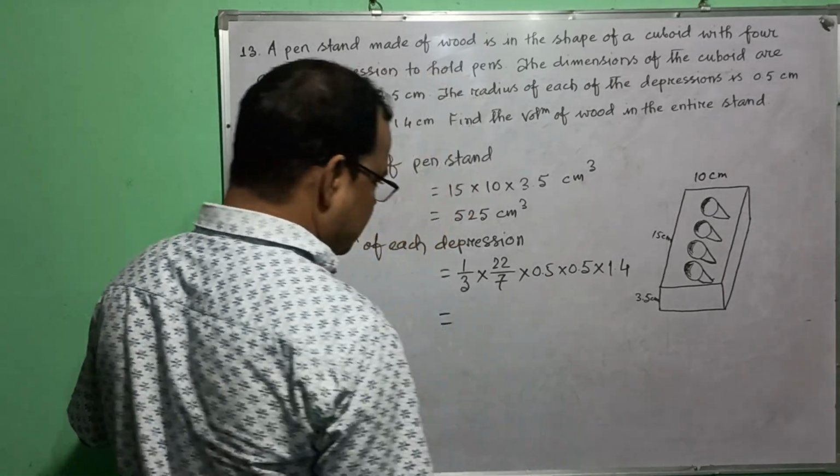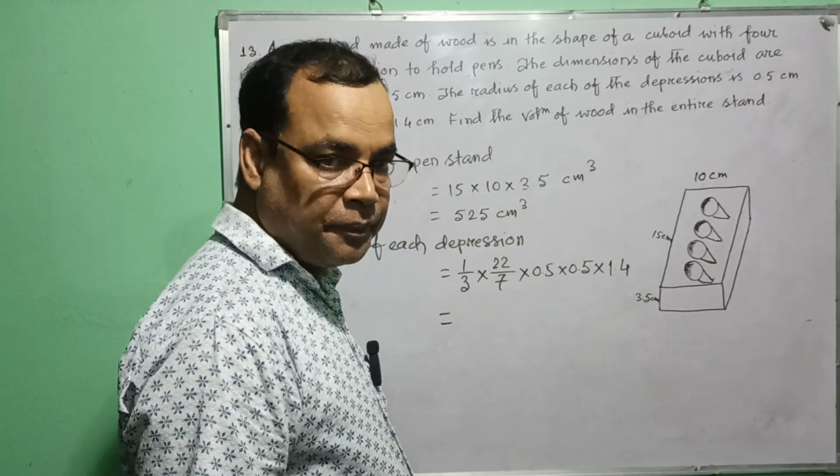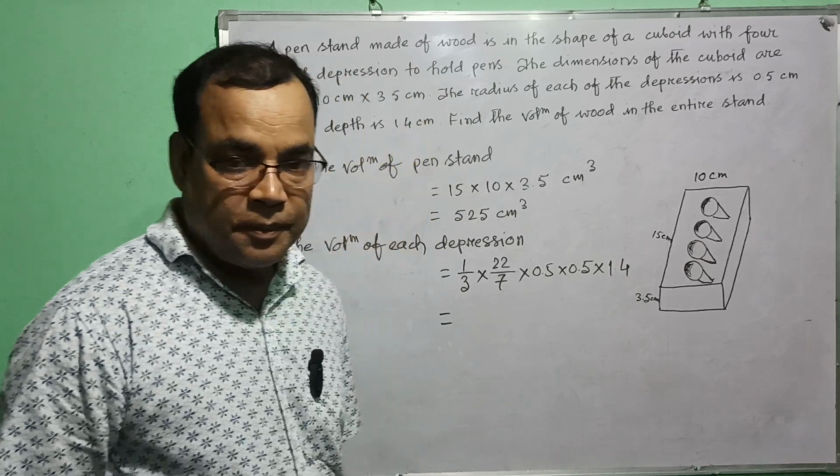Here it is not divisible, so we have to multiply it. Now I am multiplying with the mobile.